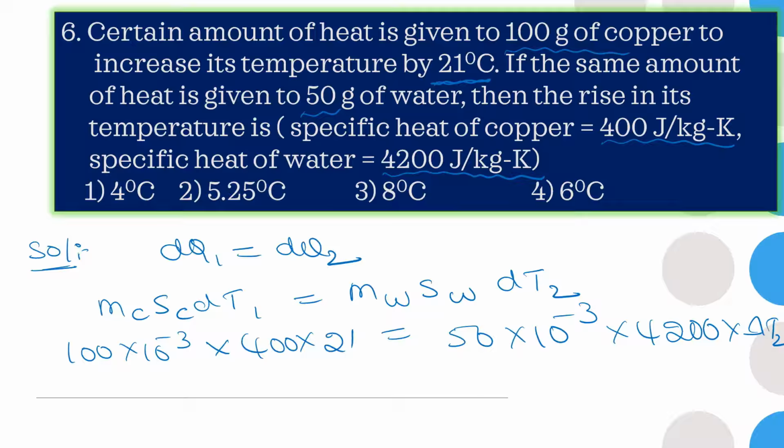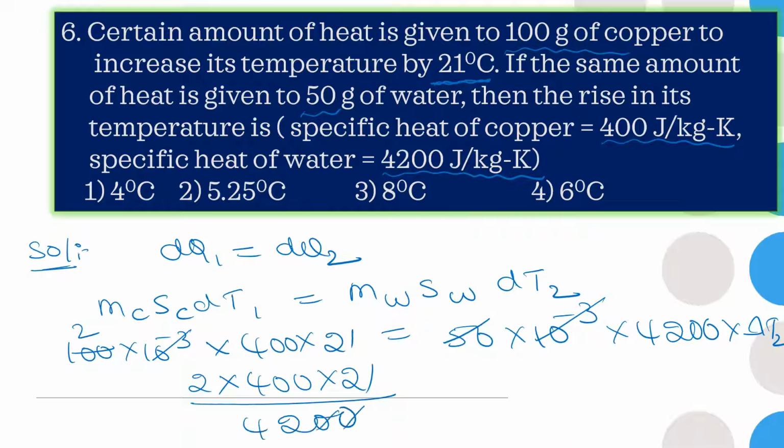This can be written as 2 into 400 into 21 divided by 4200, where the 10 to the power of minus 3 cancels and the zeros cancel, giving 168 by 42, which is equal to ΔT2.